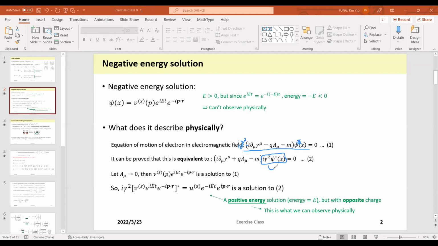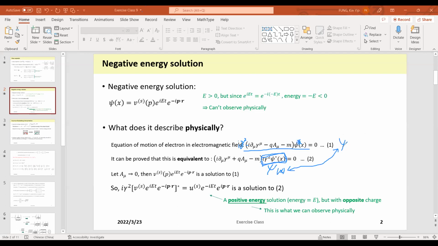You can regard this as a new psi. So in the first equation we are solving for psi, and for the second equation we will solve for this. These two sets of solutions are equivalent.